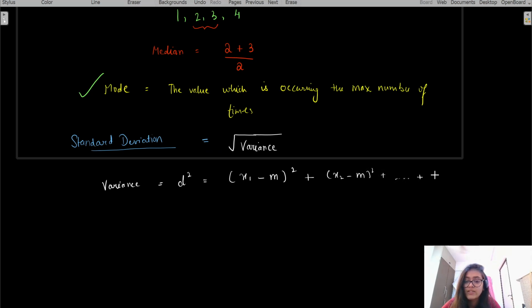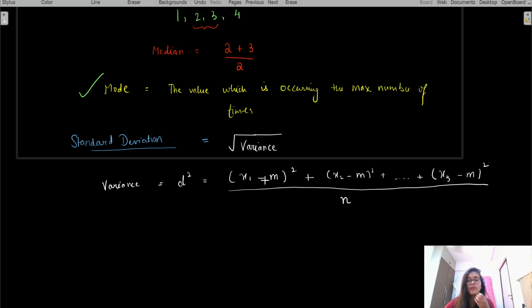So you'll take the difference of all the points from the mean, square those differences, and add all the results. Then you divide that result by the number of data points, and this is your variance.